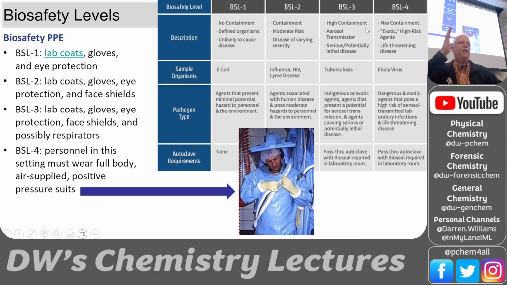And then you have a decon chamber where you go out of the lab and you're decontaminated, and you take off your biosafety suit, and then you leave in your civilian clothes. These pass-through autoclaves too. Everything that goes in and out is autoclaved.